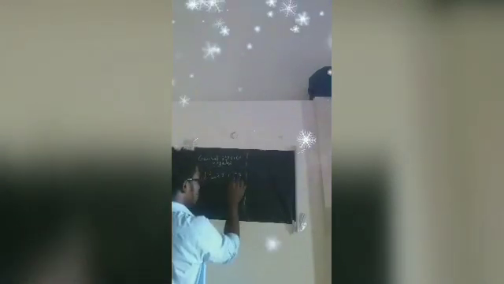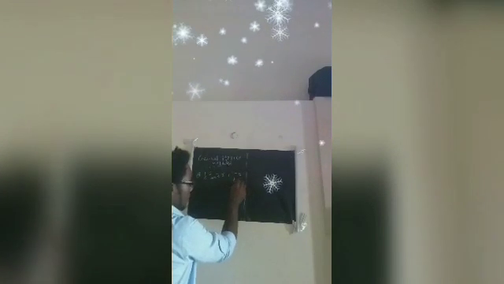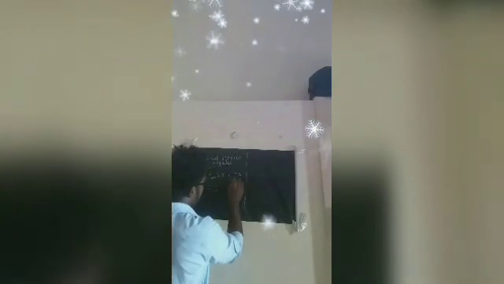To confirm this, we have to check that when we substitute these values in this equation, one of them should be less than 0 and the other greater than 0. So let us check f of 1.